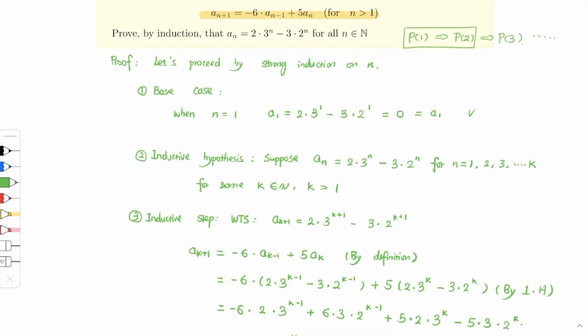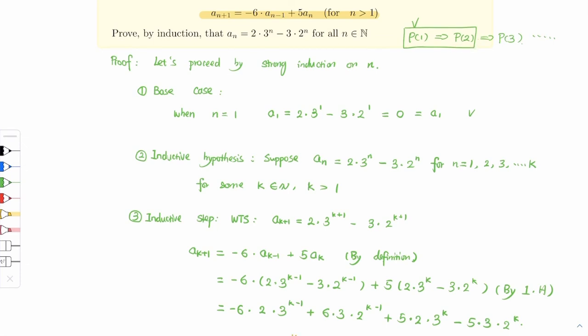So we checked P of 1, this is true, but we don't know if P of 1 implies P of 2, because k is greater than 1, it cannot be 1. We checked in the base case that this is true, but we don't know if this whole thing is true. Okay, we cannot know. That's why you need to check P of 2 as well.